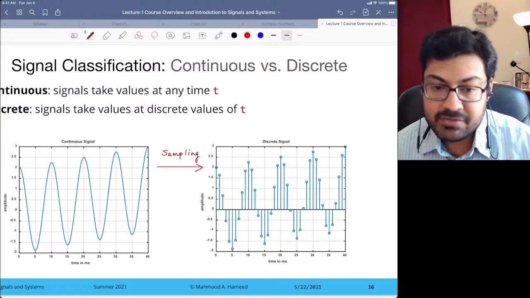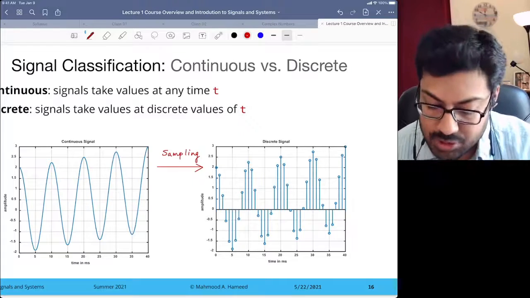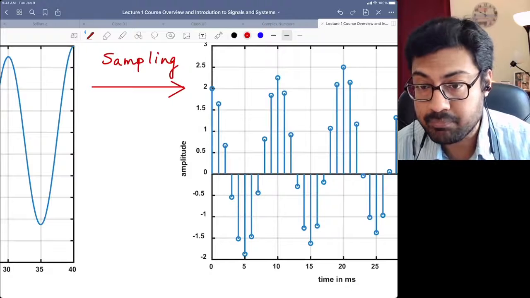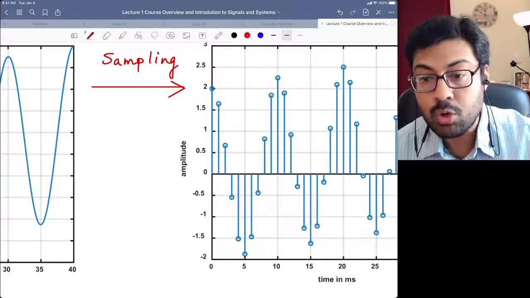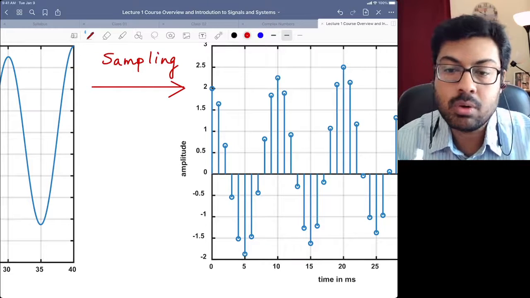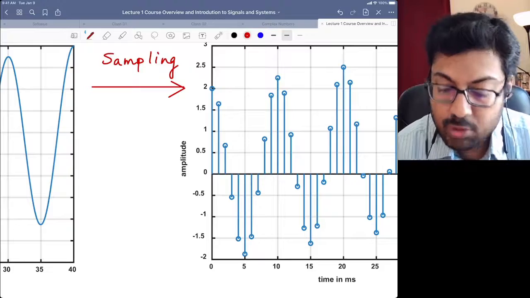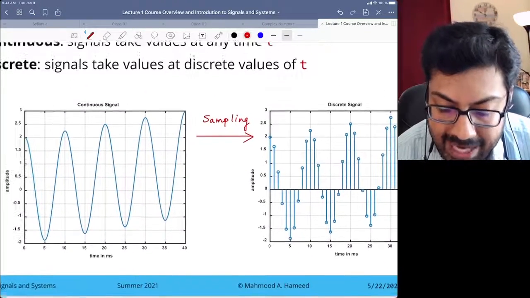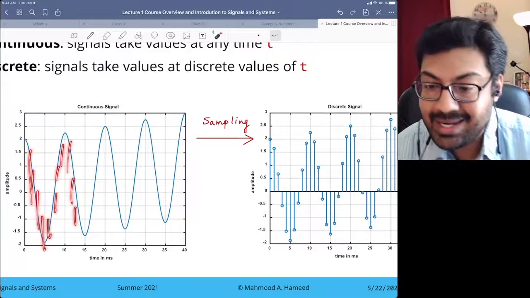Quantizing involves becoming discrete even in the amplitude. You see, now in terms of amplitude, the signal can take any value really, right? So when you're quantizing, that's no longer the case. You're also snapping to the closest level when you're quantizing. So right now we are only doing sampling. Essentially it means I am picking out values of the signal at discrete times.